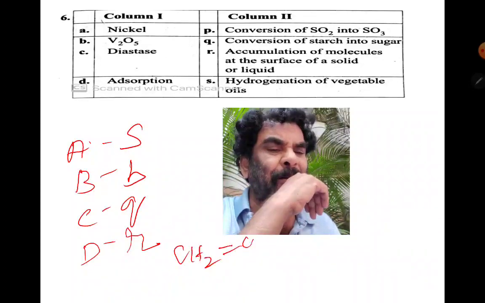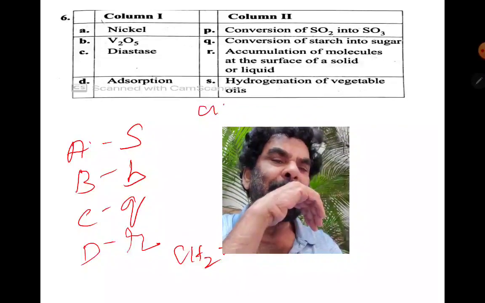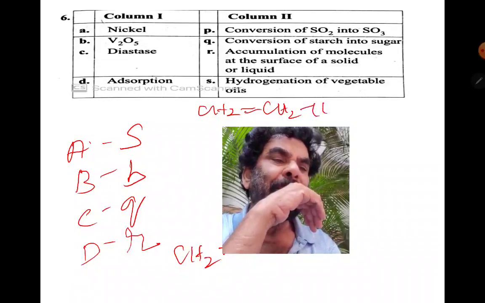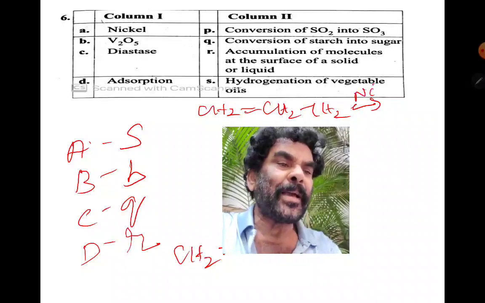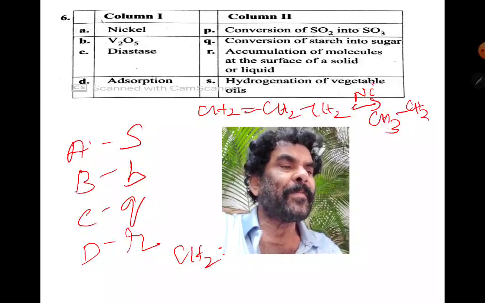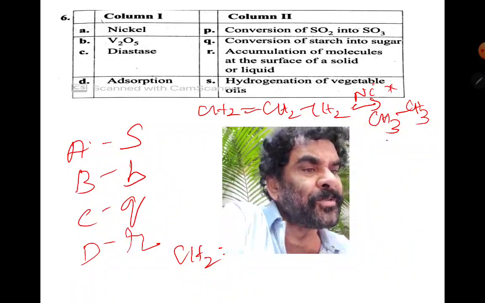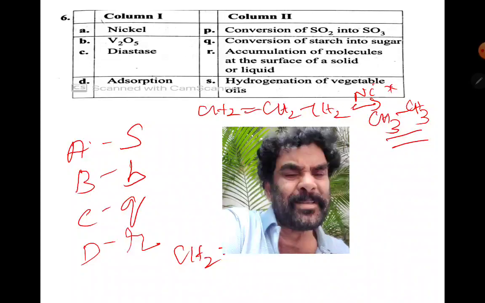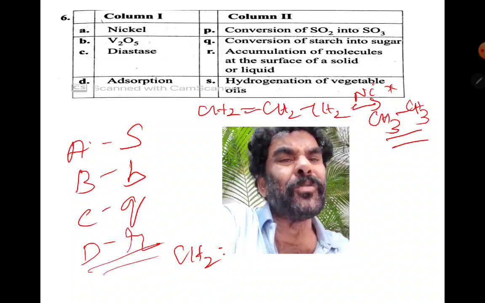Anything that has a double bond can be hydrogenated. A double bond, CH2, treated with H2 in the presence of the catalyst, can be hydrogenated to CH3. So Raney nickel is used as the catalyst, and it's very simple. But you should know what V2O5 is.